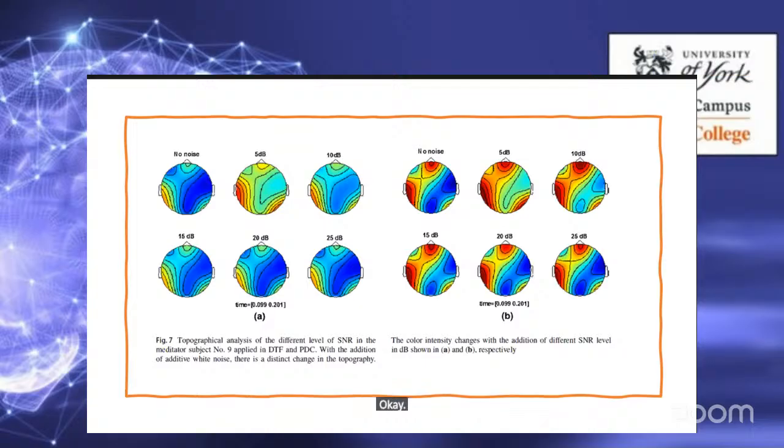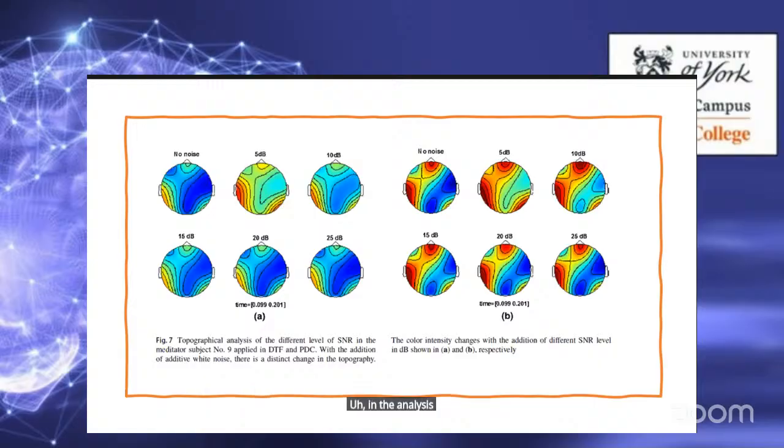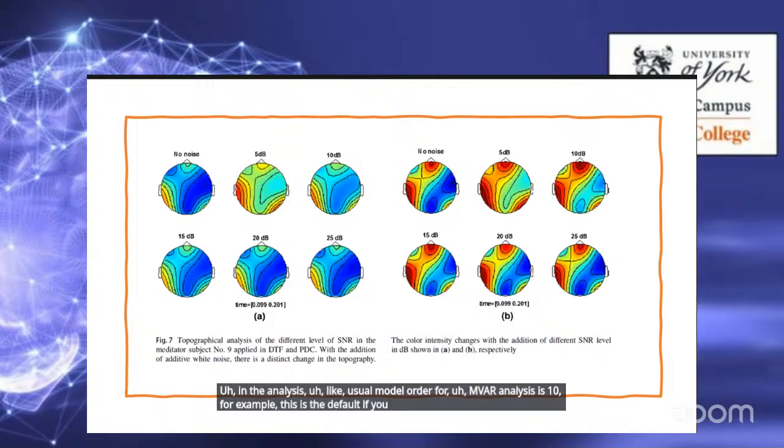Okay, thank you. And one more question. What MVAR model did you use? Because also the model order in the analysis, a usual model order for MVAR analysis is 10, for example. This is the default if you use FieldTrip, yes.